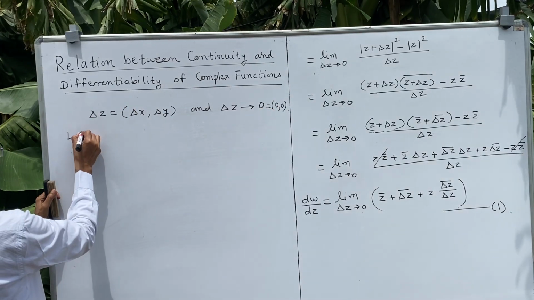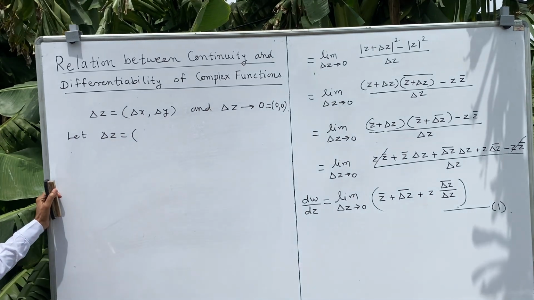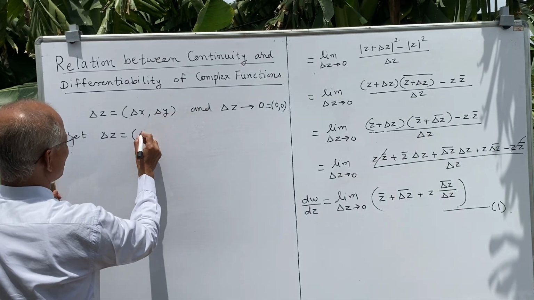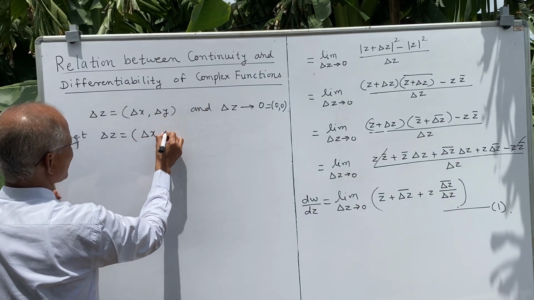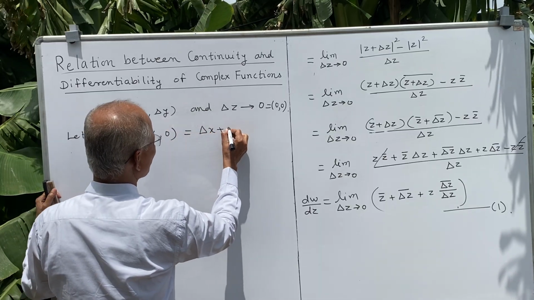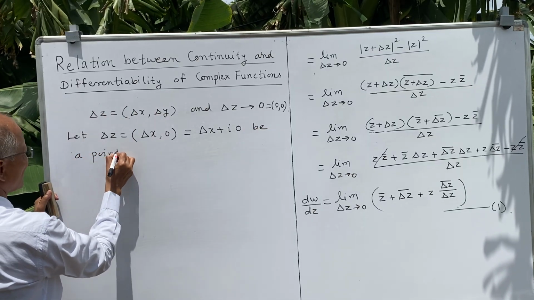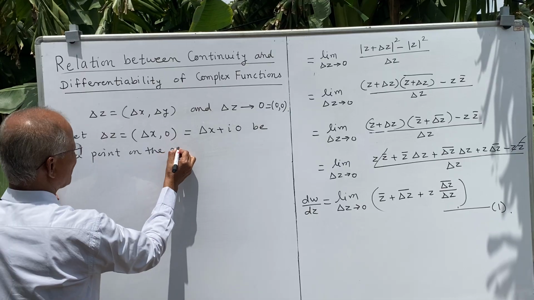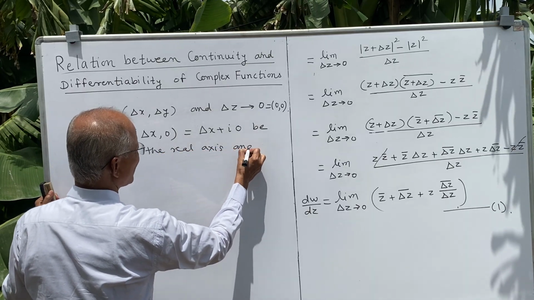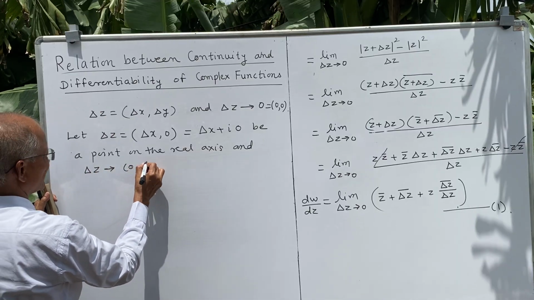Let delta z be on the real line. We will consider first delta z on the real line, where the imaginary component is 0. Delta z is delta x comma 0, or delta x plus i into 0, a point on the real axis, and delta z approaches (0, 0).